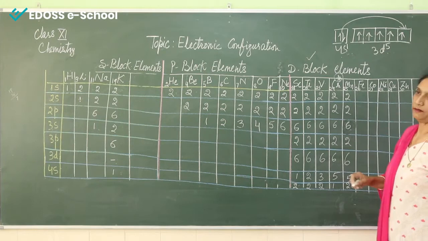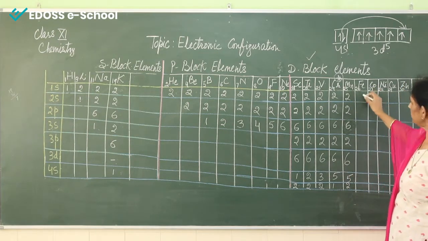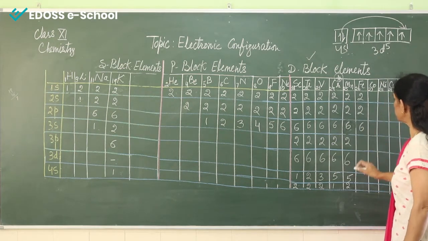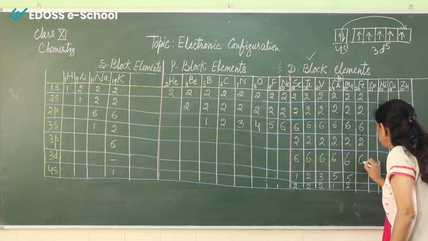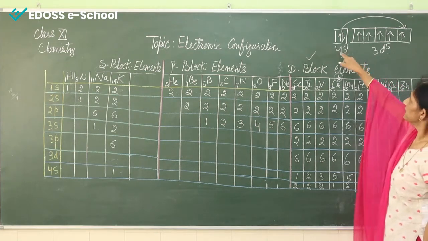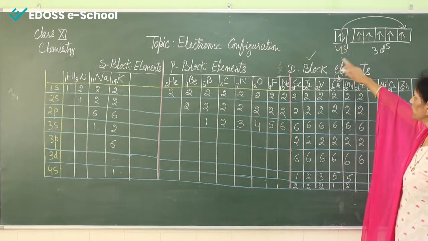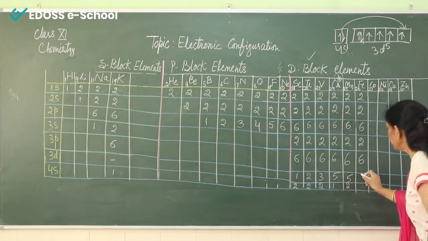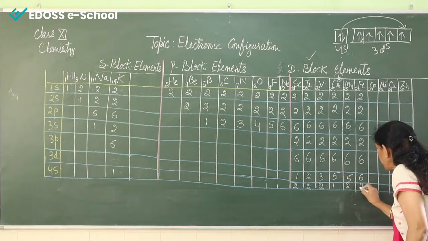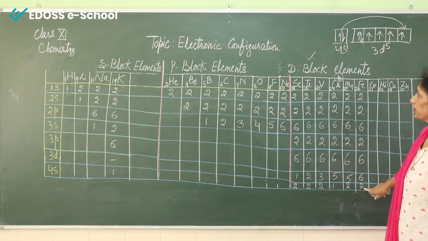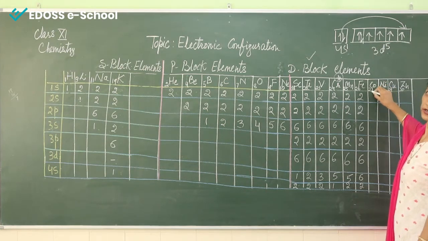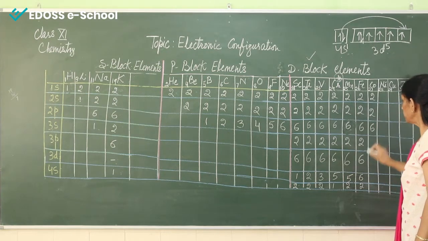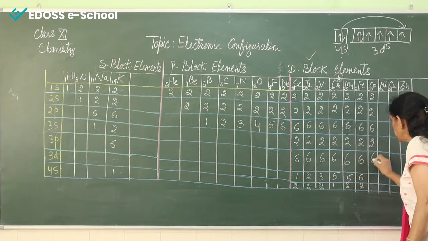Now coming to iron. It will be 1s2, 2s2, 2p6, 3s2, 3p6. Because 4s is already completed, the next electron will move in 3d. So 3d will have 6 electrons and 4s will have 2 electrons. Now coming to cobalt, this is 27. So 1s2, 2s2, 2p6, 3s2, 3p6.